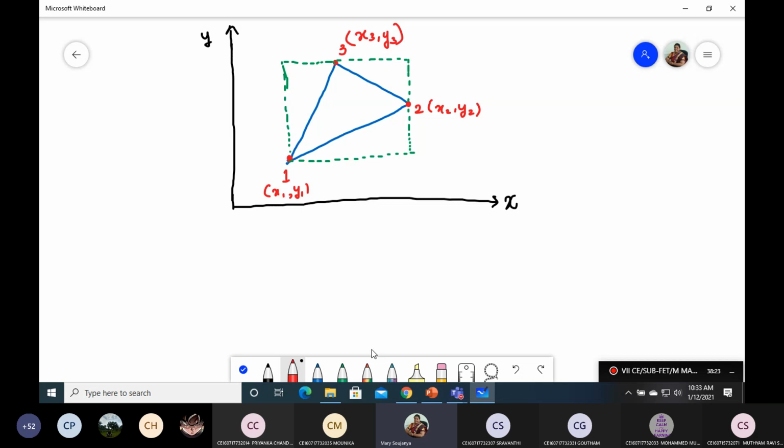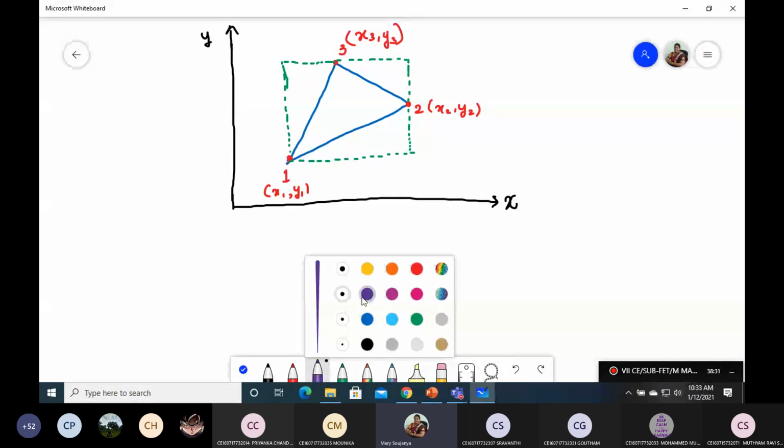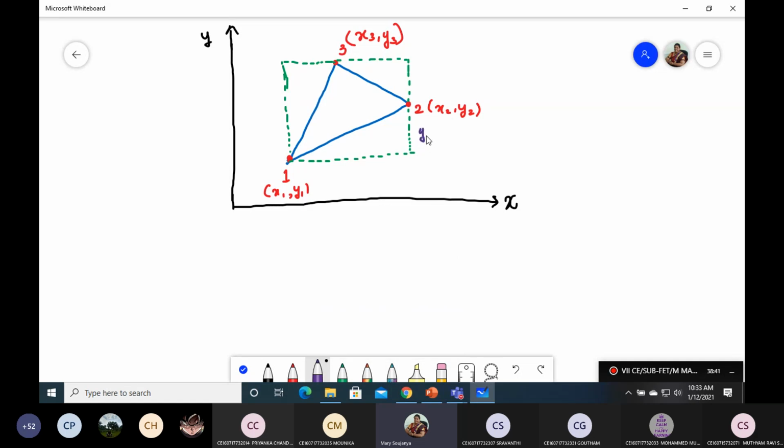What is the difference between these two here? B3 means y1 minus y2.